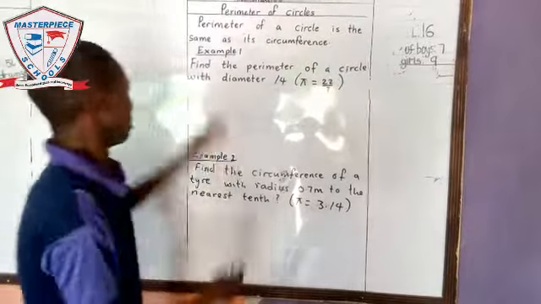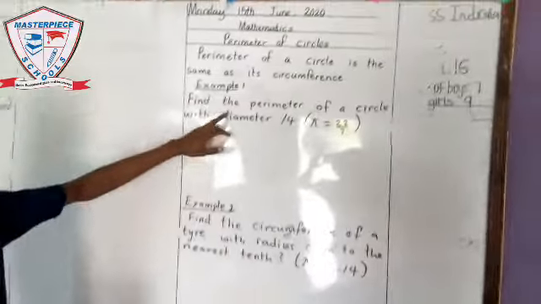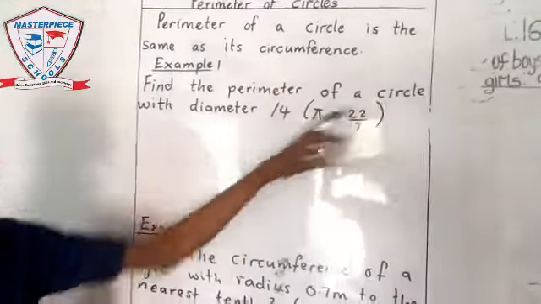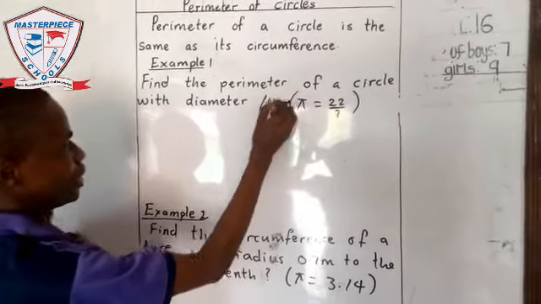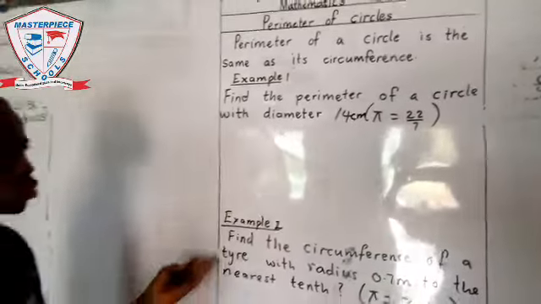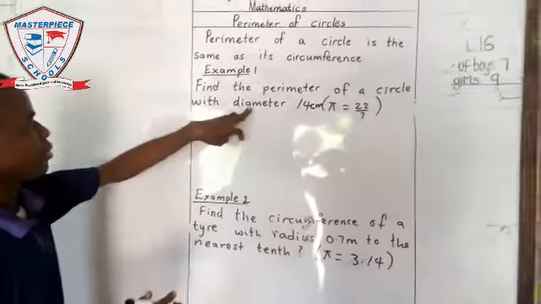Example 1. In this example 1, it says find the perimeter of a circle with diameter 14 centimeters. Last week I already told you that this is diameter.